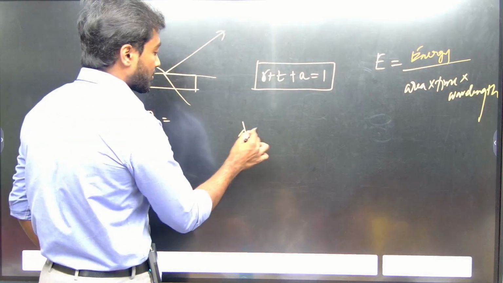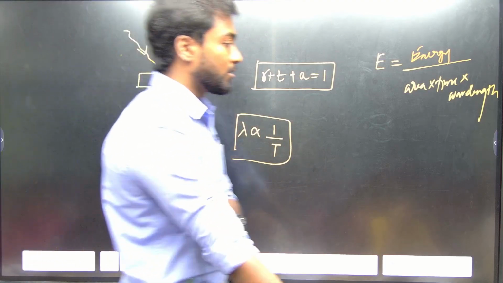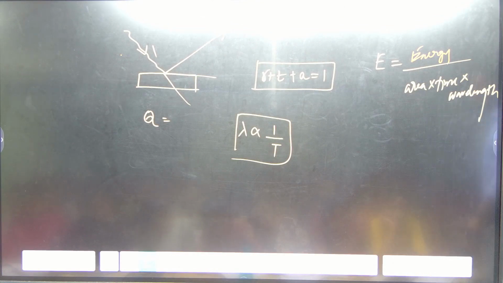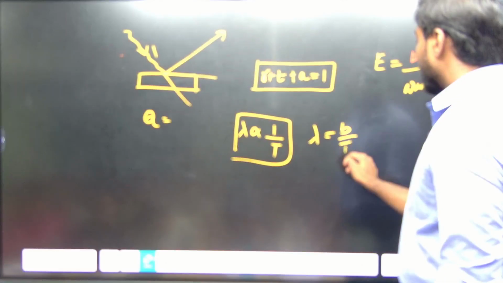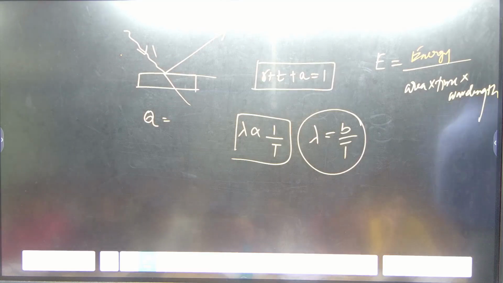So wavelength is inversely proportional to temperature. To remove the proportionality, we add a constant called b. So b is the coefficient of Wien's law, or Wien's constant, whatever we want to call it.